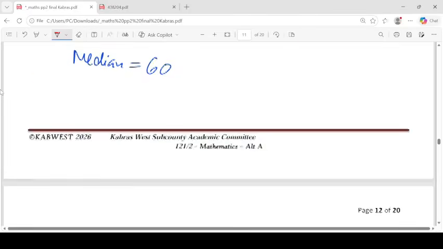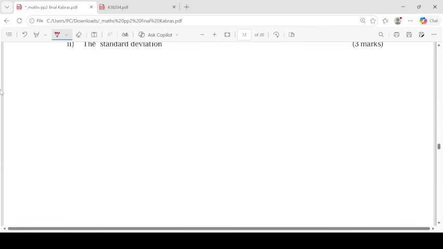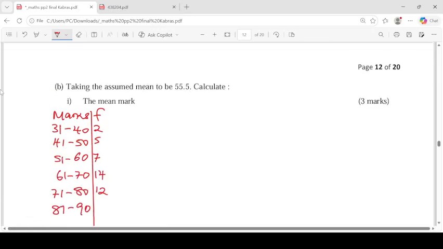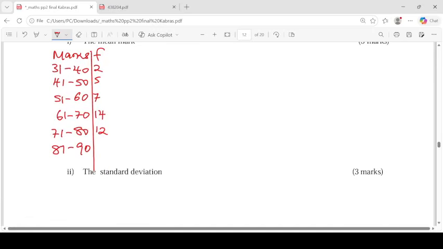What number can I have forgotten? Let me confirm once again. 2, 5. Oh, after 2, 5, this should be 14, because after 7 it's 14.